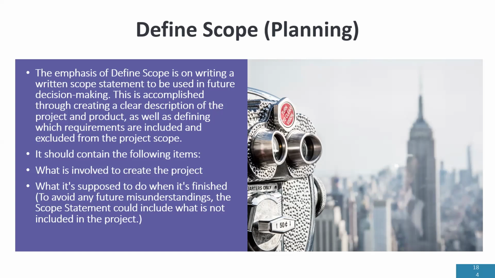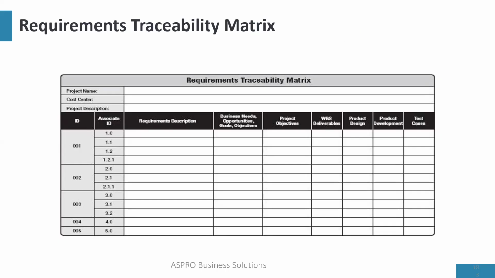Now, let me say something if we don't have any questions. PMI does not mandate that we use all the inputs, tools, techniques, and outputs for every project. Now, a requirements traceability matrix may not be found in a construction project.